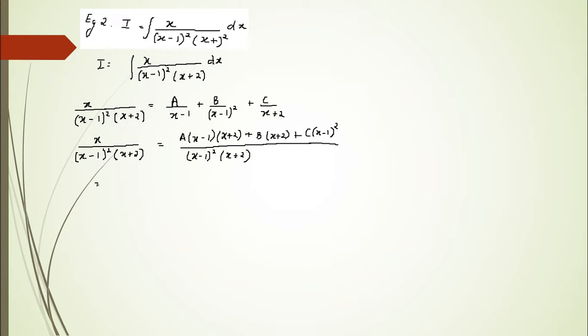Therefore, I'll get x is equal to, now let me open the brackets, so a into x square plus 2x minus x minus 2, right, plus bx plus 2b plus c into x square plus 1 minus 2x.